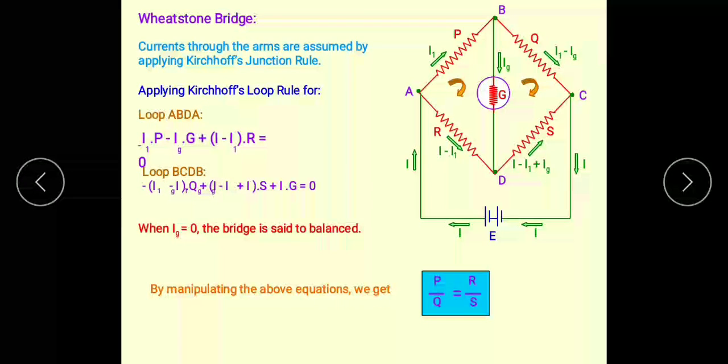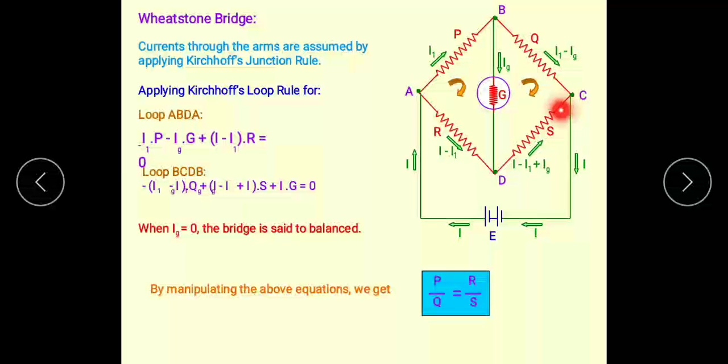After that, we can calculate from C to D. C to D, the current is I minus I1 plus Ig, and S is the resistance, so you can calculate easily.